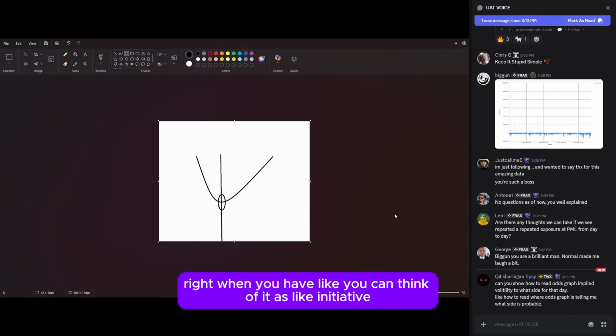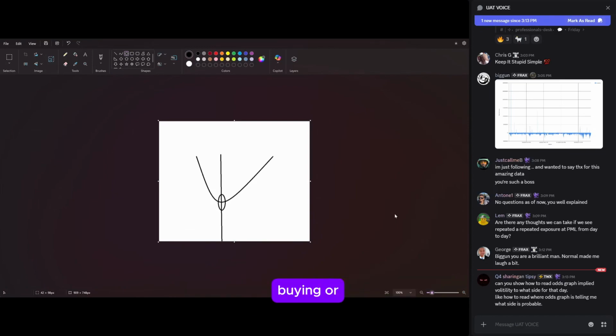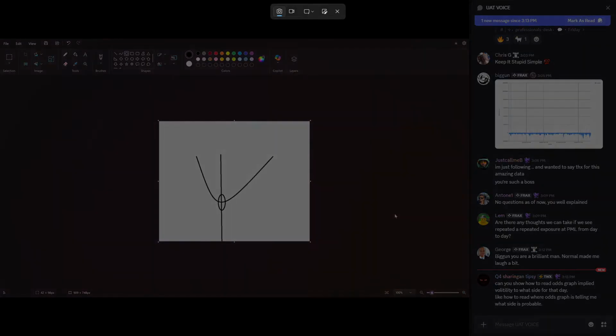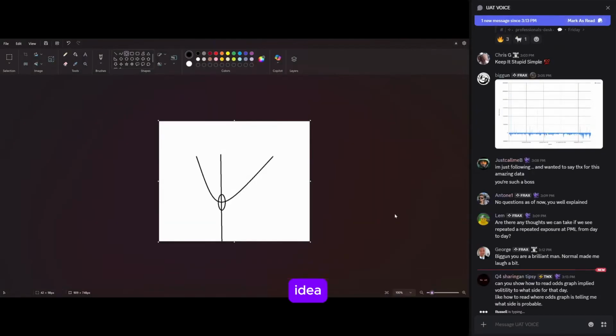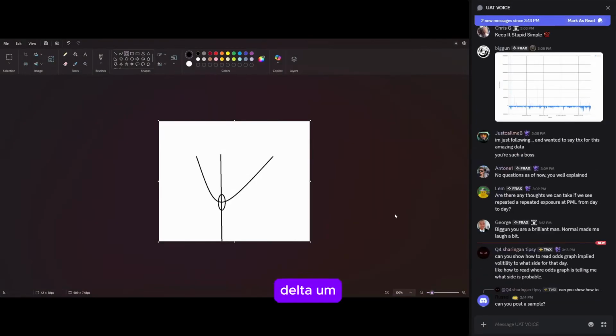Either A, you can think of it as initiative buying or selling, it doesn't matter, arbitrary initiative hedging, where they initiate a hedging protocol for a new option, and the absolute delta, the Black-Scholes delta, going back to the generalized idea of the sensitivity of the option to the underlying, is trending up, going closer towards one.